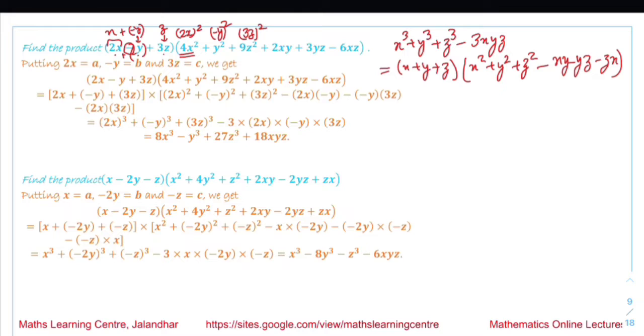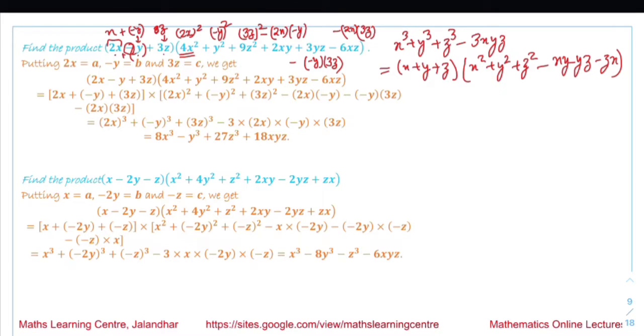So the next term that you will get is minus 2x into minus 5. The next term will be minus, 3y is there. So this y can be adjusted as minus y into 3z, and the last term you will get is minus, then the 2x term is there already, and in place of z it is 3z.